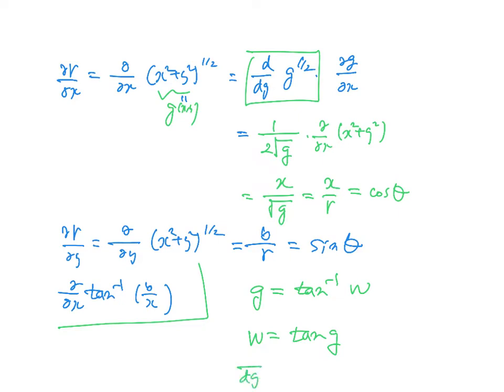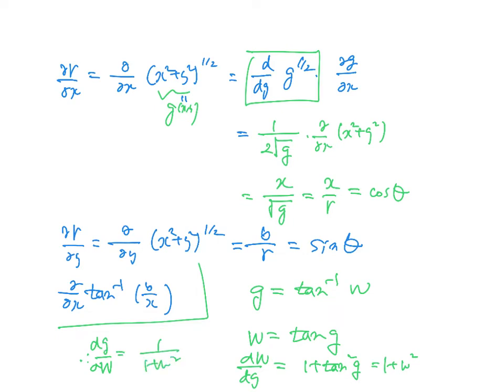So dw over dg is 1 plus tangent squared g, which is 1 plus w squared. So dg over dw is 1 over 1 plus w squared.